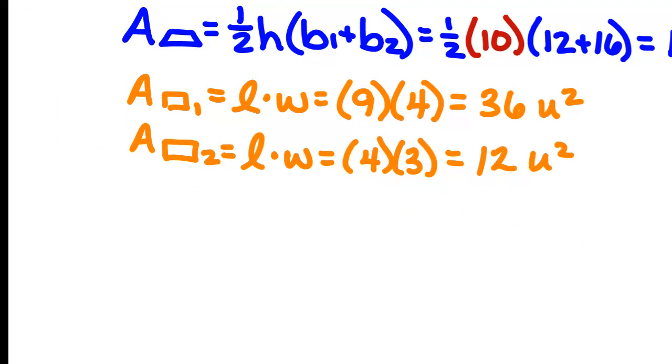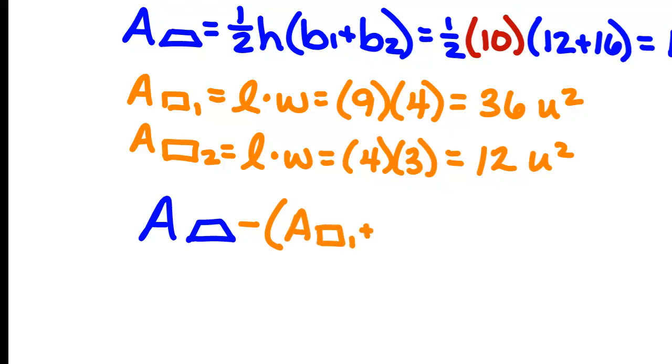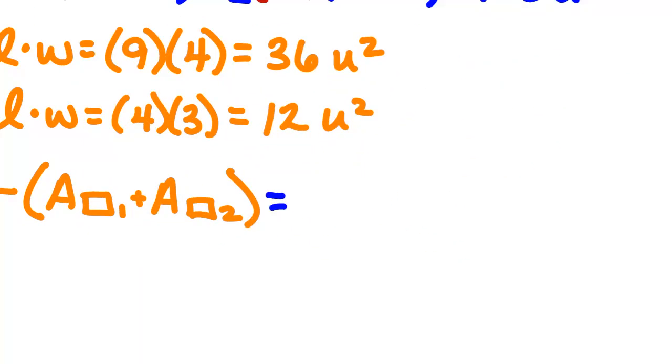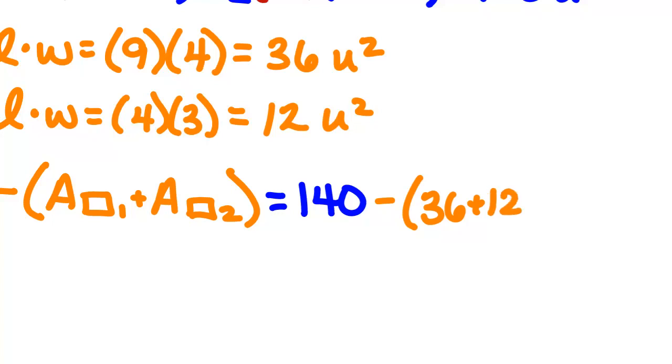All right, so now we need to do the area of the trapezoid minus the area of my 2 rectangles put together. So I'm going to have 140 minus, and then inside the parentheses I have 36 plus 12.